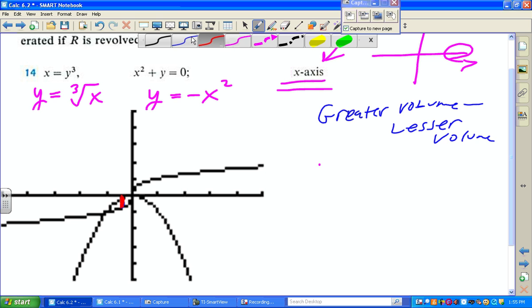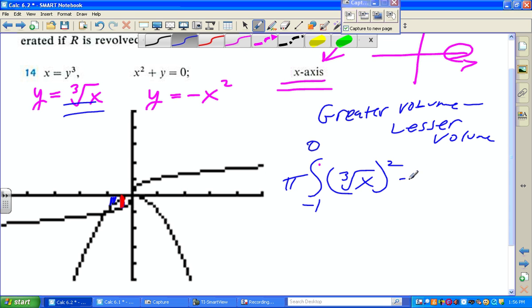So if we do it, which one would have the greater volume? The one with the red cylinder or the blue cylinder? Red. And which graph is that? I think that's the x cubed. It looks like I'm going from negative 1 to 0, pi times the cube root of x squared minus negative x squared, squared dx.